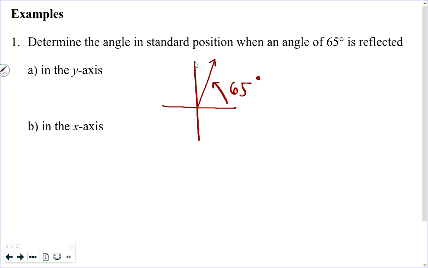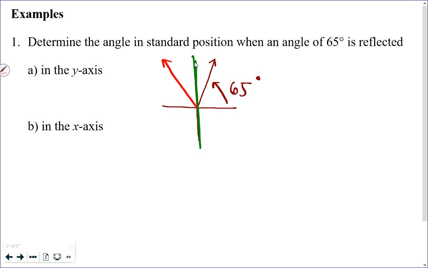If I reflect it across the y-axis, that means that I'm treating this as like a mirror. And just like if I stand in front of a mirror, I see behind the mirror a reflection of that. I'm going to get a reflection behind the y-axis, and it will be here.